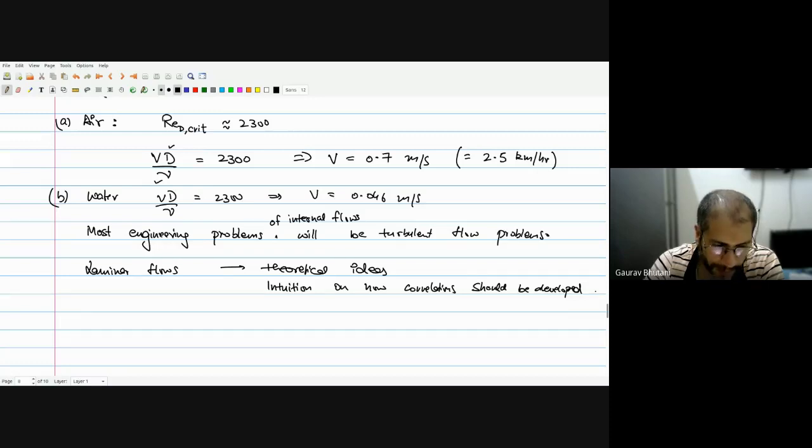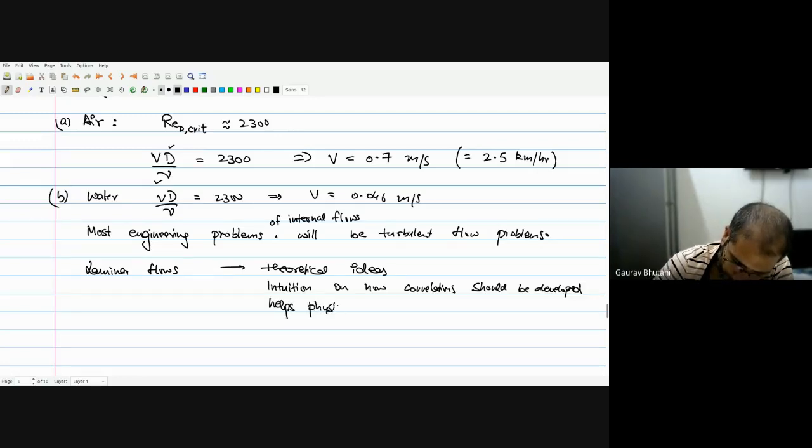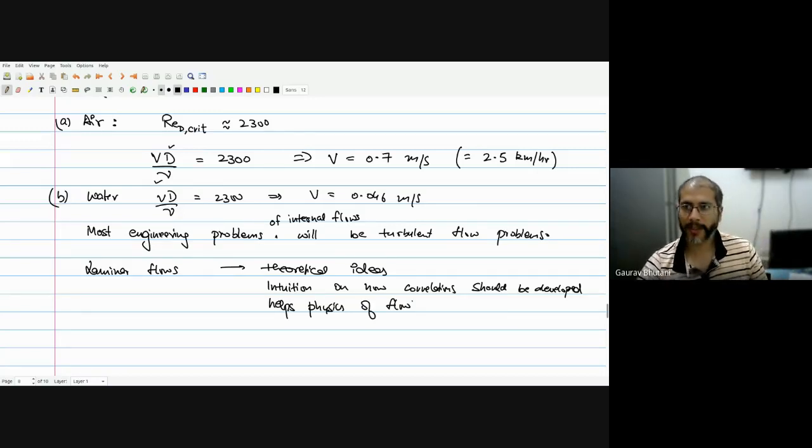And the other is, of course, it helps us understand the physics of the flow. If I was simply to do lots of experiments and then draw some curves or graphs or develop tables with some numbers, that will not help us understand the physics at all. So through these theoretical discussions on laminar flows, we'll be able to understand from the results or the process some physics as well of the flow.